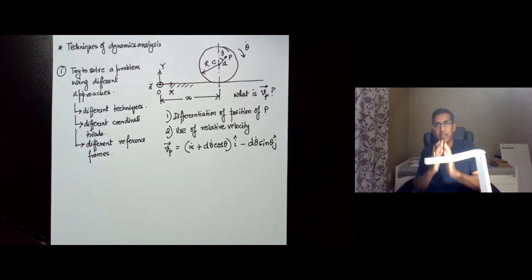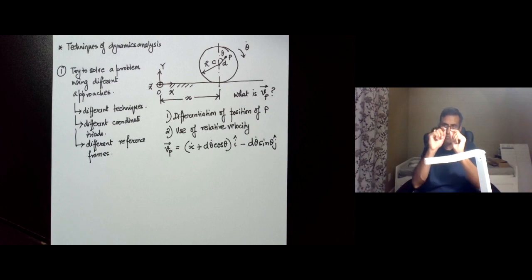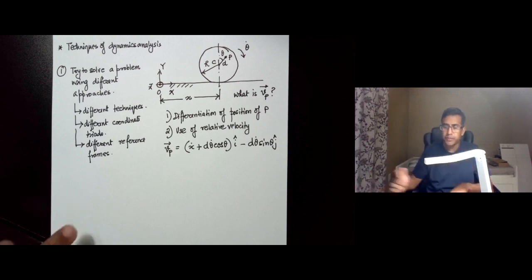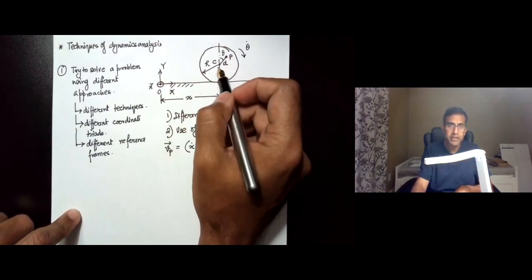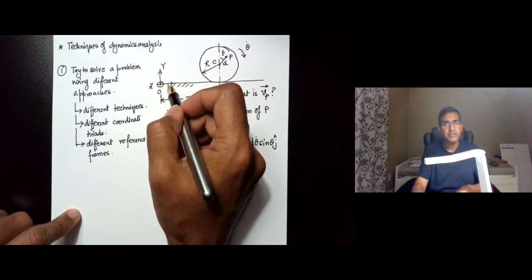So if, let's say, you are on a reference frame which is translating with the disk, right, then the motion of p with respect to c would be just a circle. And that would actually also be true when you find the motion of p relative to c in a fixed reference frame.